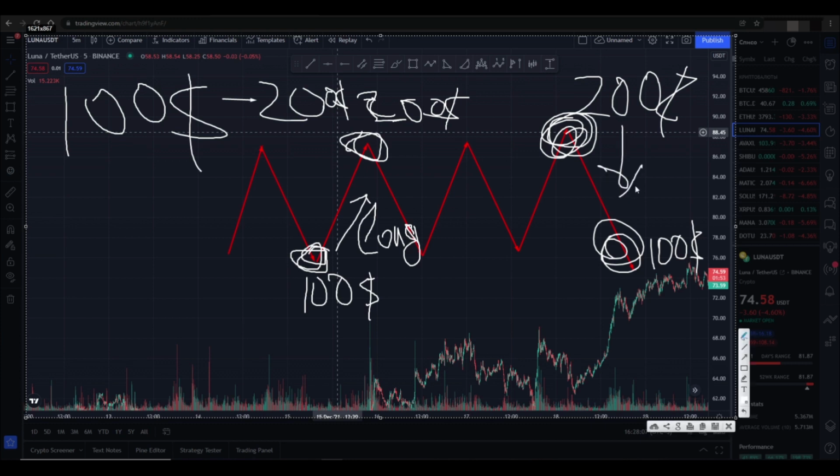This movement we call short. So basically you're shorting the position. Your profit is going to be the same, because the price decreased by half, and your profit is going to be $100.